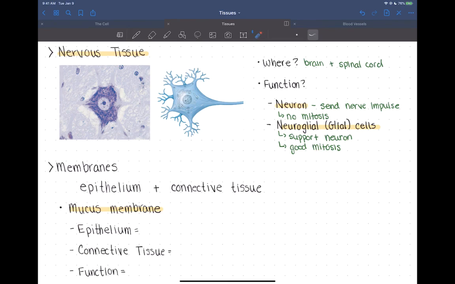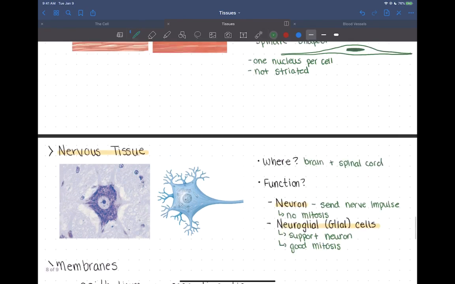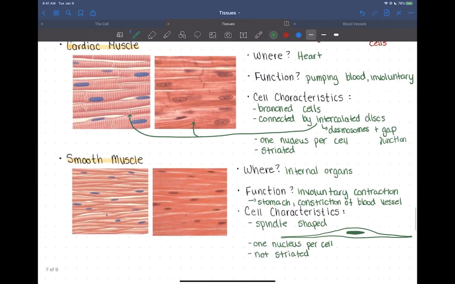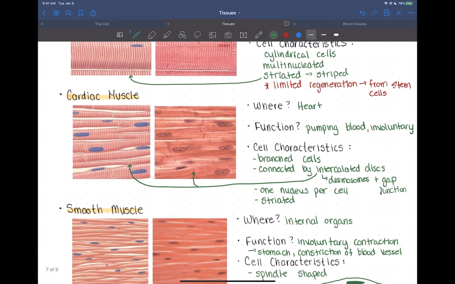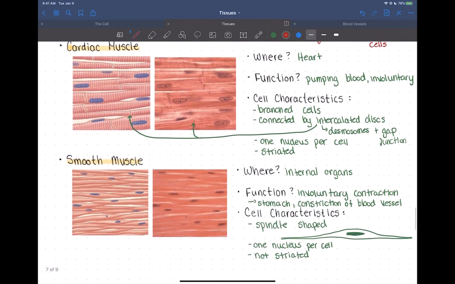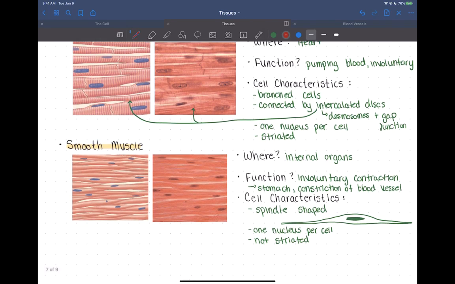Okay. And that actually reminds me, we didn't talk about regeneration with our other two types of muscle. We talked about limited regeneration with our skeletal muscle, but with our cardiac muscle, regeneration is almost non-existent. So we're going to say little to no regeneration.